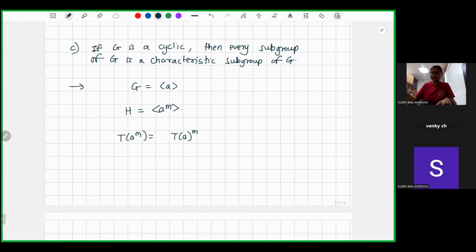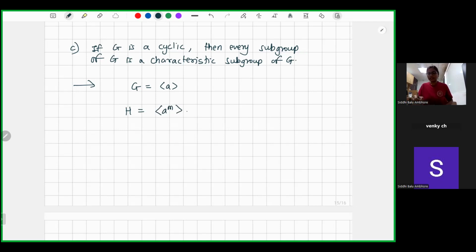So using the order of A, and this M being the least such that A power M belongs to H, we can obtain that every subgroup of a cyclic group is a characteristic subgroup. Okay, you can check this. If not, then we will definitely discuss this in our next session.